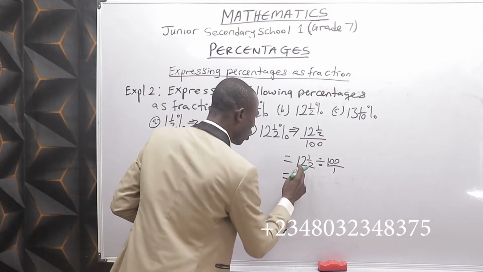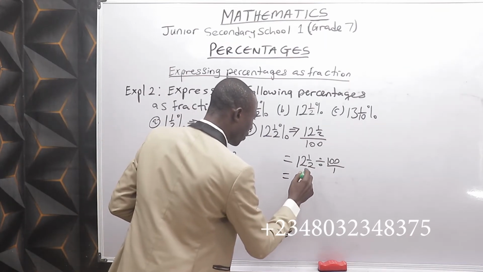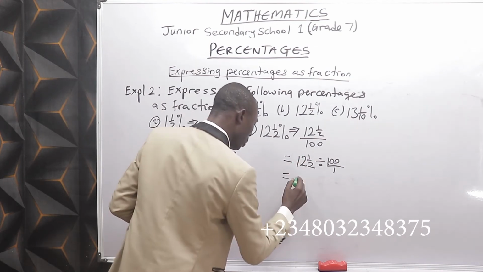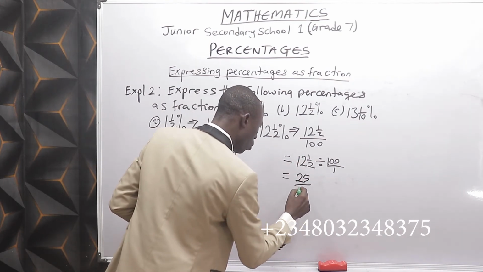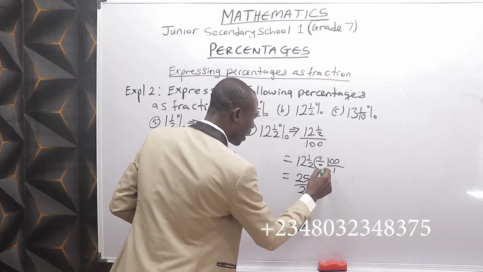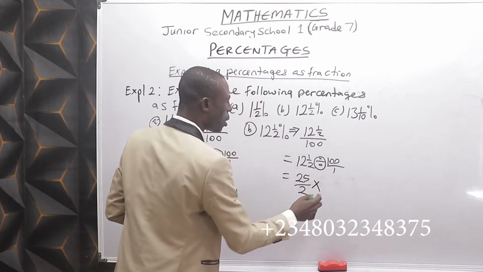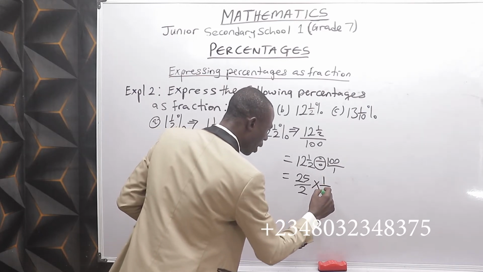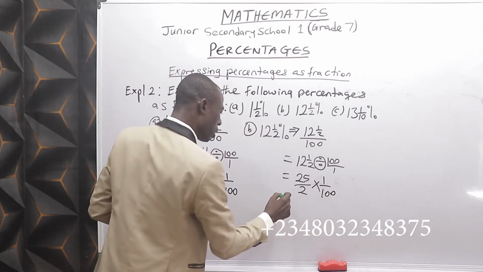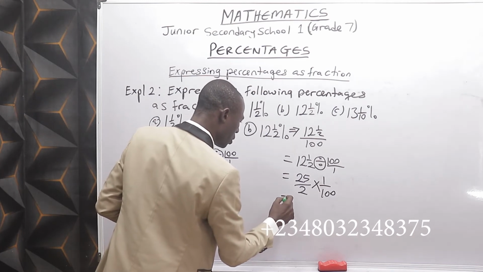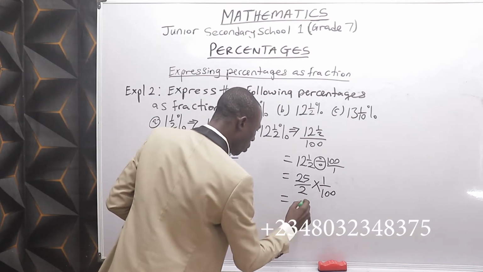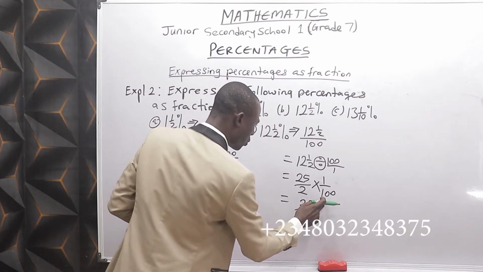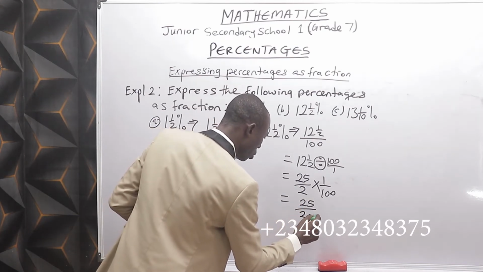So converting 12.5 to an improper fraction, that is 2 times 12, that's 24, plus 1, 25 over 2. The division sign now changes to multiplication, while the divisor 100 over 1 turns to 1 over 100. And that is 25 times 1, that is 25. 2 times 100, that is 200.